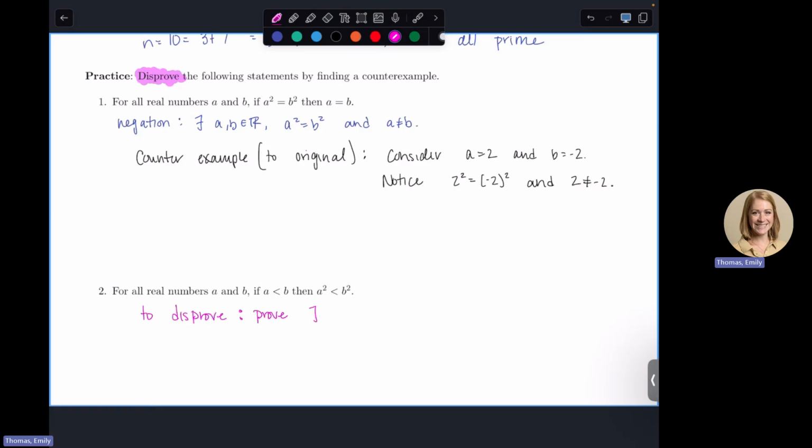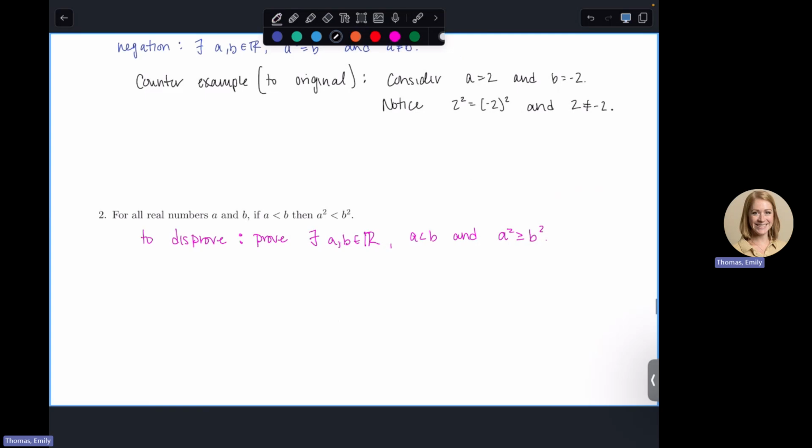There exists a counterexample, or there exists a, b in R, where a is less than b, and a squared is greater than or equal to b squared. Nice. Okay. To disprove, we're going to prove that there exists some real numbers a and b, where a is less than b, and a squared is greater than or equal to b squared.